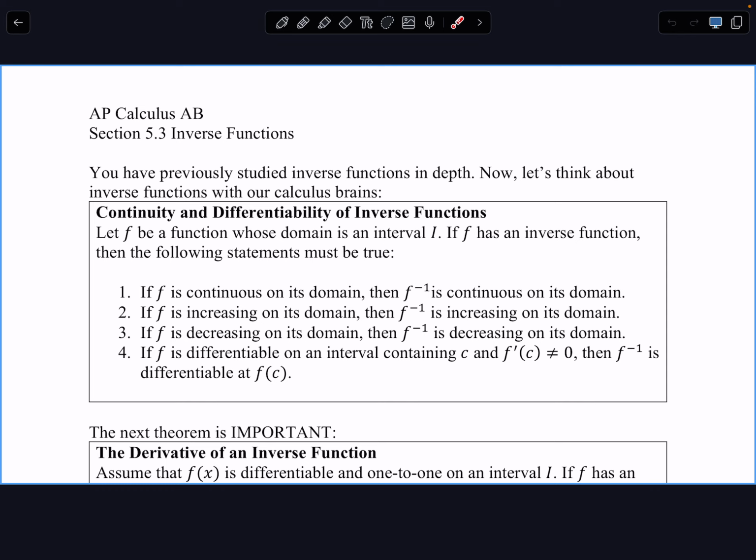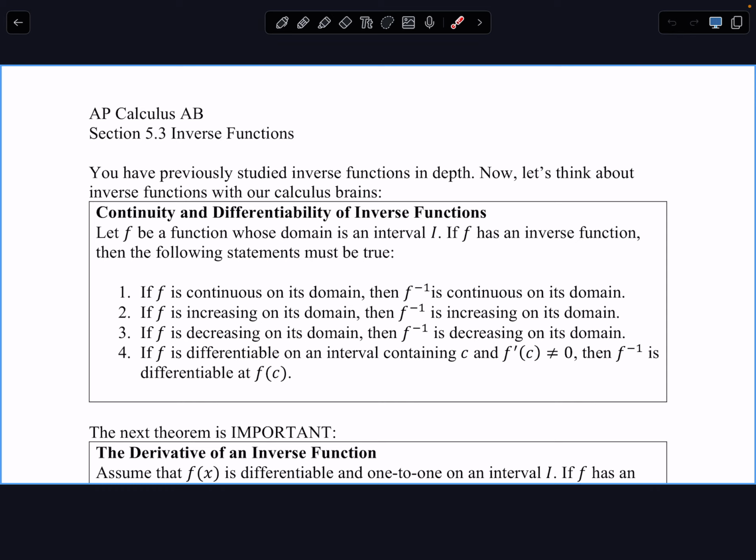So think about that. For a function to be increasing, remember our pre-calc definition of increasing? As x is getting larger, the y values are also getting larger. So if you take those values from the range, where those values were getting larger, and use them as your domain, they will map back to the x values that would also be getting larger.